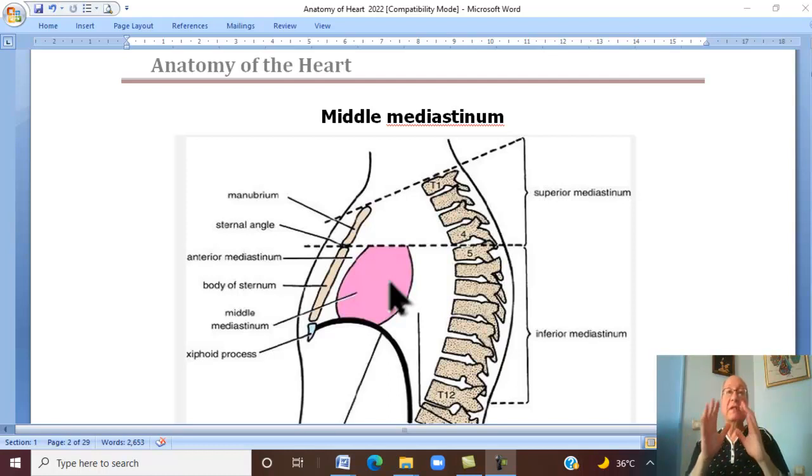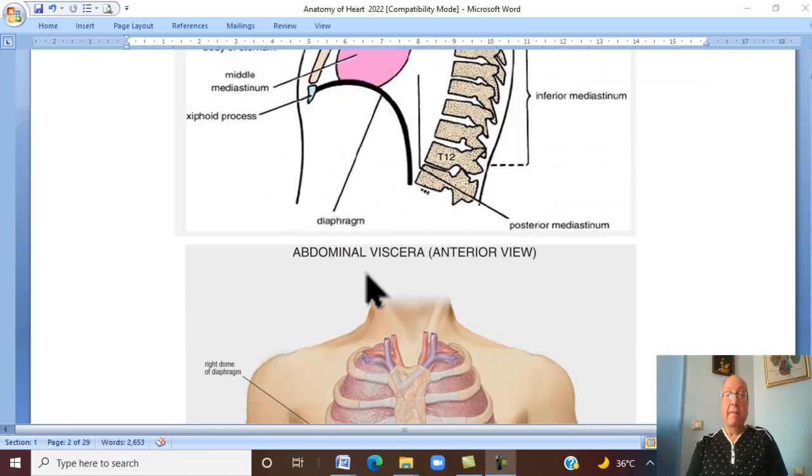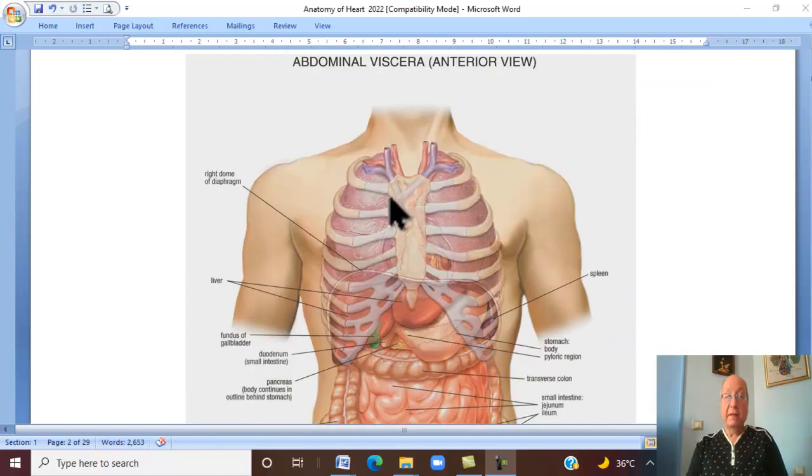Therefore, first of all, the site and the position of the heart is inside the pericardium and in the middle mediastinum. This is the heart, and this bone is called sternum.